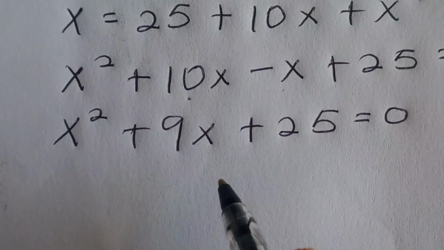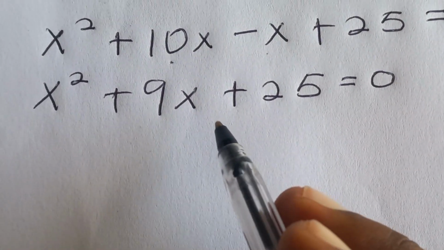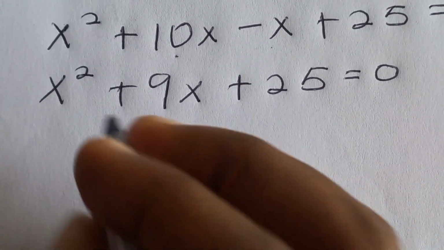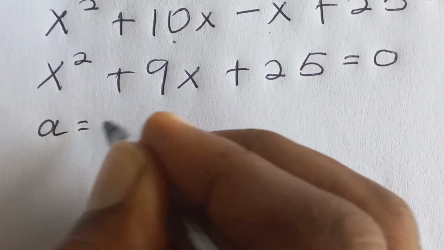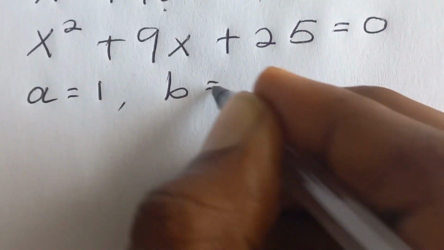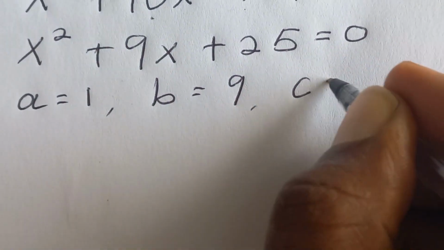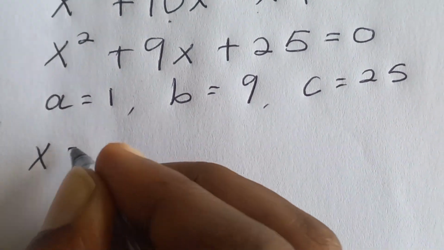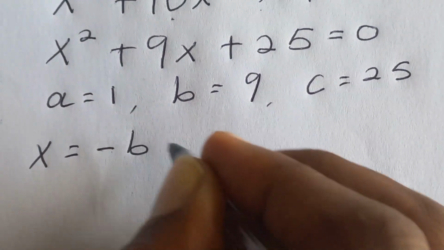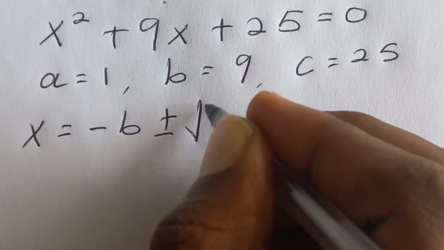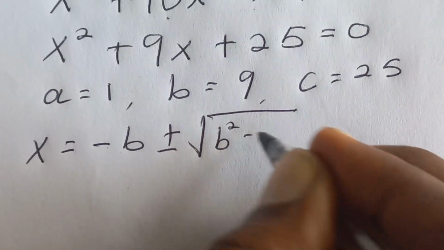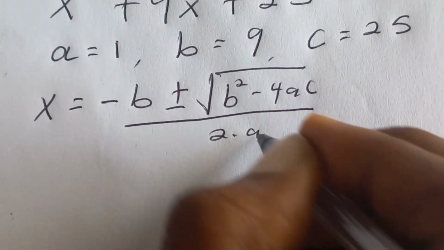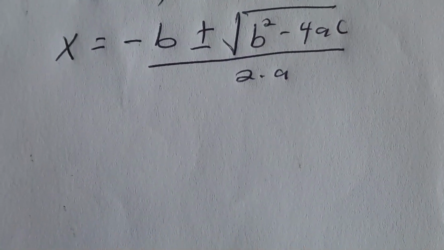So now, to solve this, we can use the quadratic formula to solve. Okay, of which our a is 1, b is 9, and c is 25. So our x is equal to minus b plus or minus square root of b squared minus 4ac all over 2a, like this.